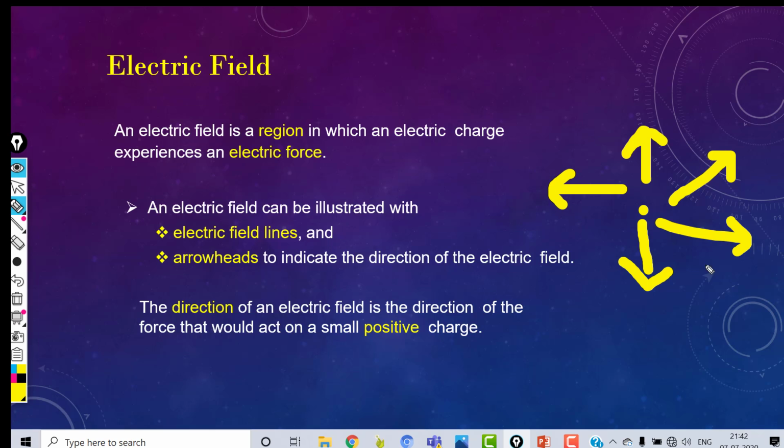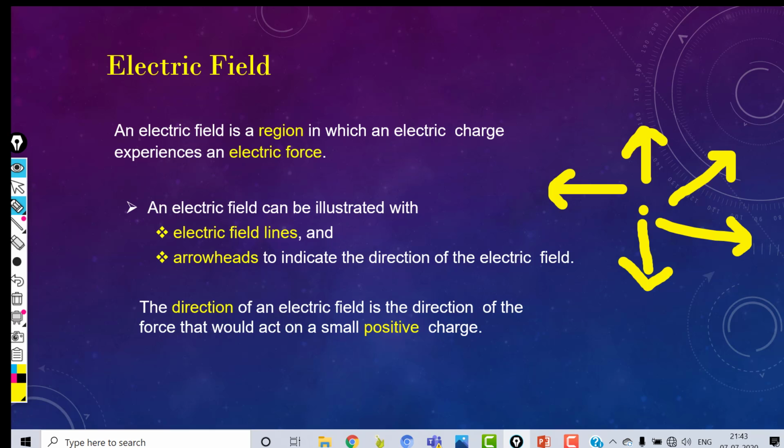So this whole region is called the electric field. If we bring another charge into this region, then this other charge may experience a force. So all such regions where another charge experiences a force are called electric field.